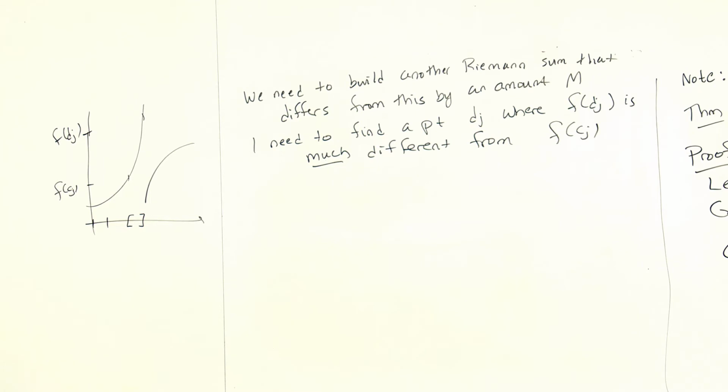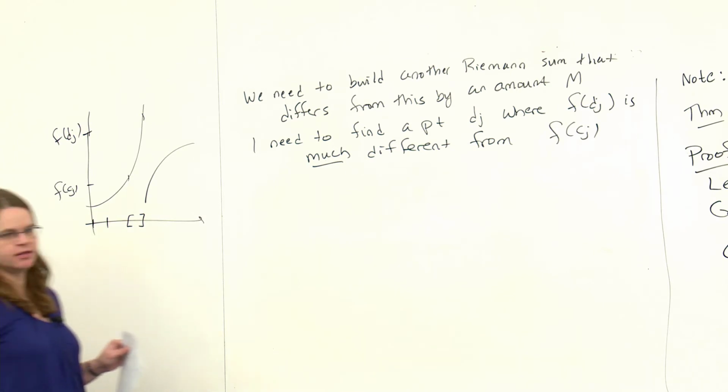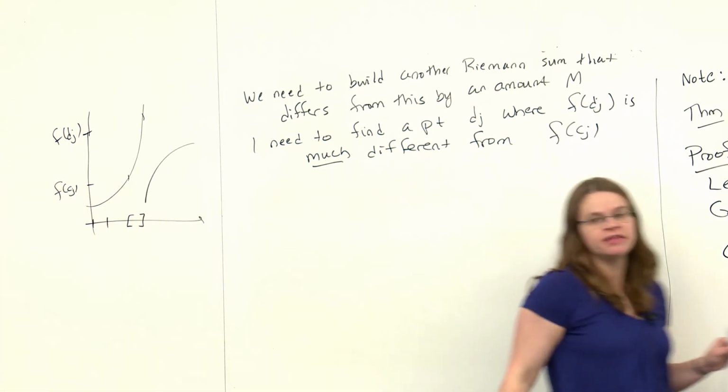Can we say that for any partition P, there's at least one subinterval that's unbounded as well? What do you mean by one subinterval is unbounded? Well, there's one subinterval where f is unbounded, exactly. And we need that.